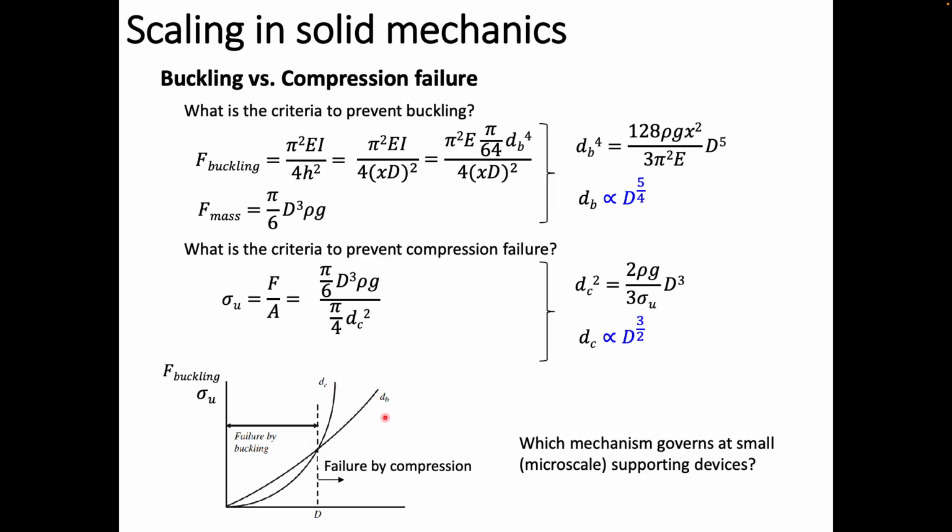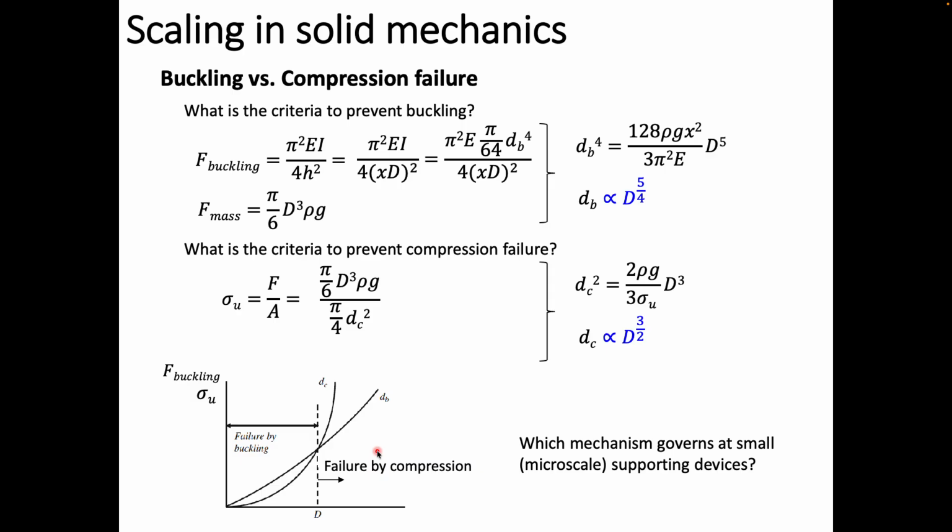What does it mean? Since d_B is larger than d_C, this is the domain where buckling failure is going to happen first. But if we deal with larger scale objects, the failure is driven by compression failure.